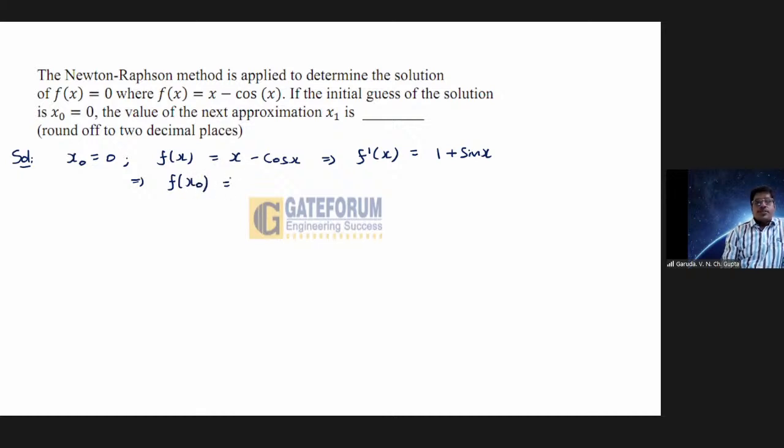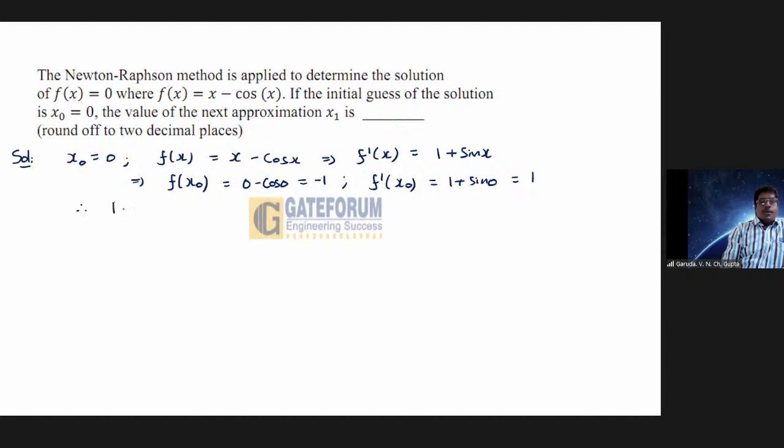So put x equal to the x0 value 0: 0 minus cos 0, which is 1, that is minus 1. For f'(x0), put x0, that is 0, in f'(x): 1 plus sin 0. Sin 0 value is 0. So 1.